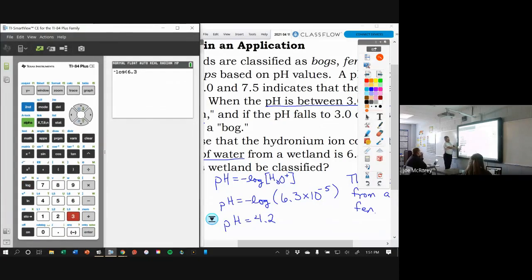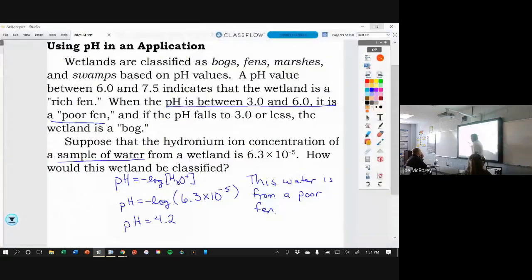Is the e the times 10? Yes. E takes the place of times 10, and the next number is the exponent: negative 5.